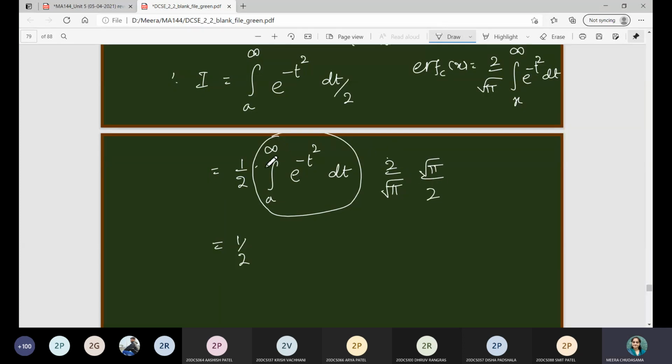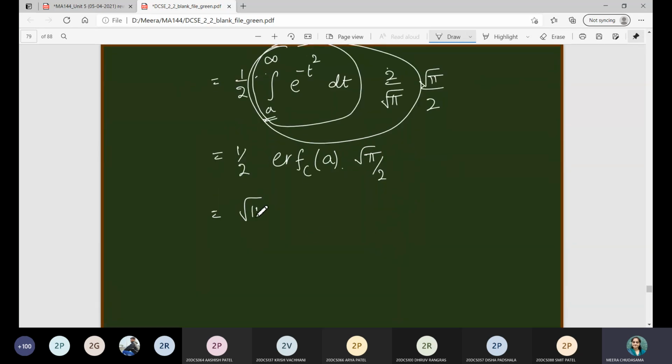तो now this constant quantity with this one is, now what is this? So now you can say it is complementary error function at a, because lower limit is a, right, into square root of pi upon 2. So this is nothing but square root of pi by 4 complementary error function at a.